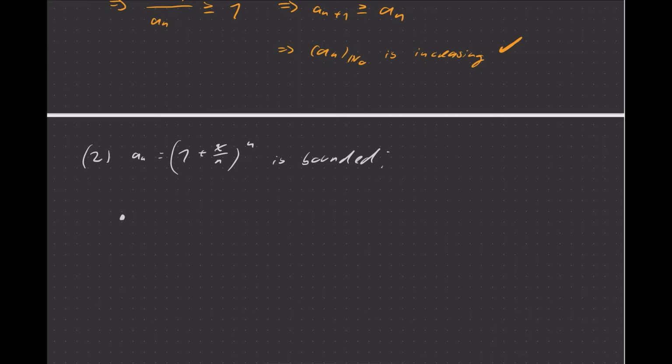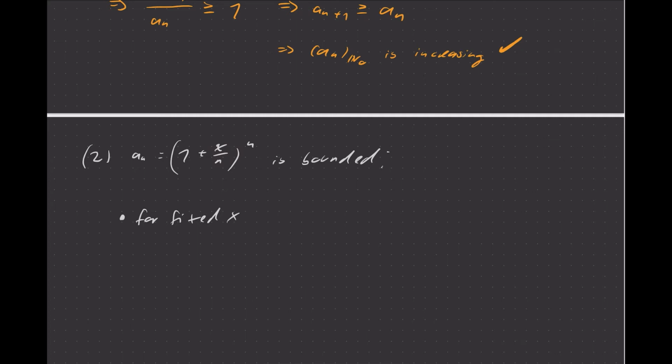First step is we're going to simplify our proof a little. Let's say we have a fixed x. Well, we can choose our index so high that x over that index, so this second expression here, becomes less or equal to 1.